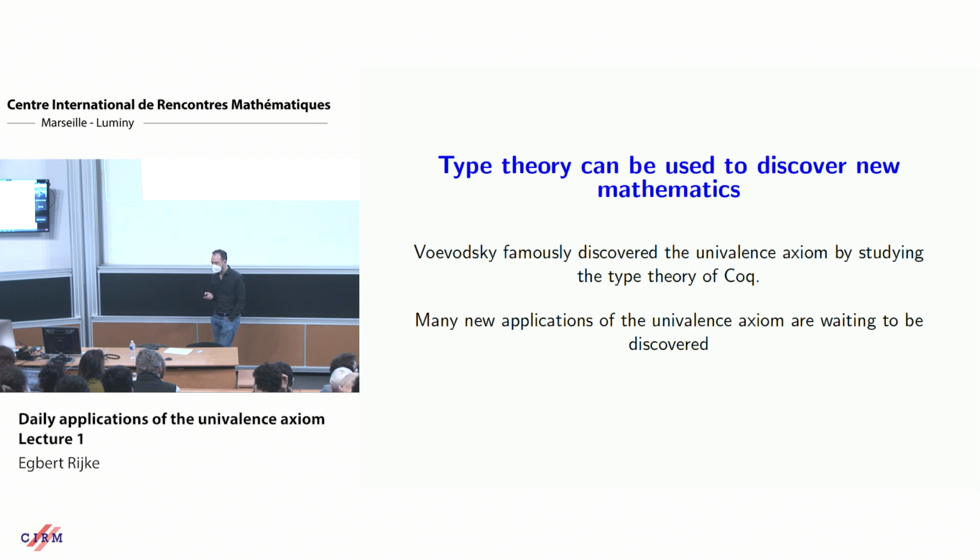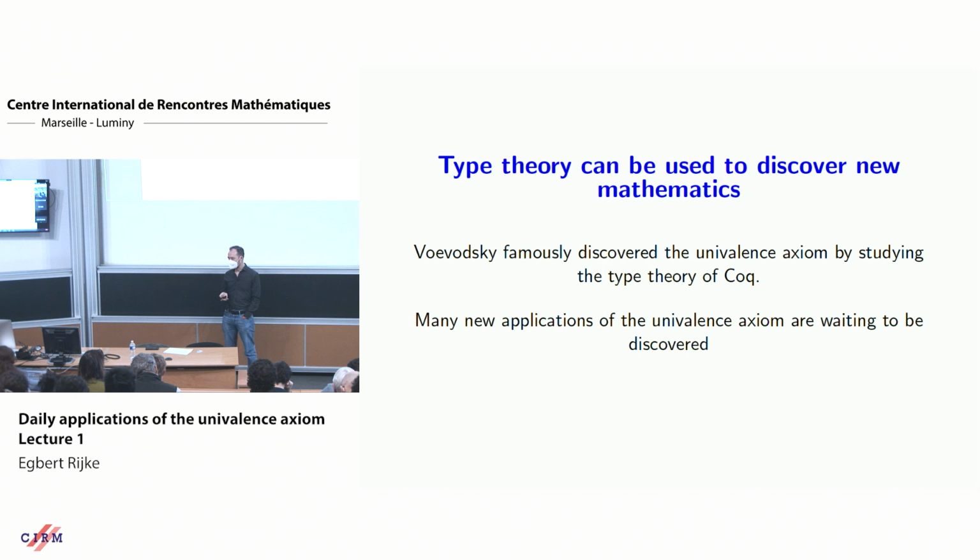Type theory, because it's a little bit different from set theory, can also be used to discover new mathematics. And famously, Voevodsky discovered very new mathematics, namely the univalence axiom, by studying the type theory of Coquand.